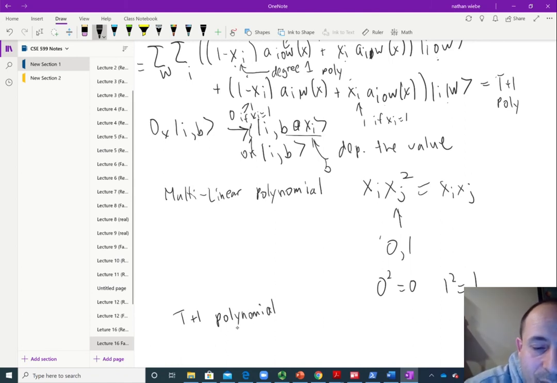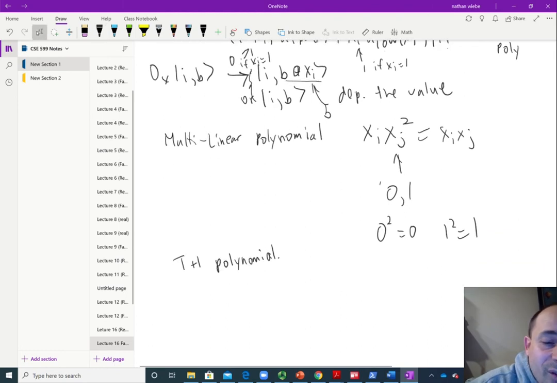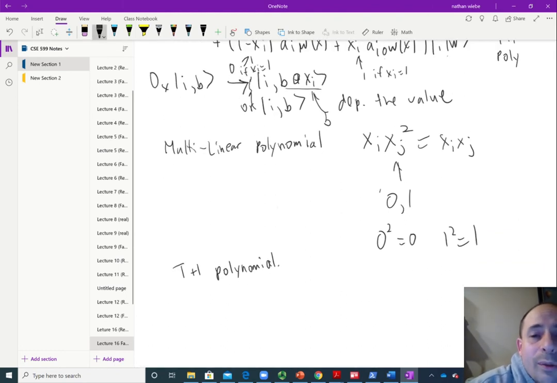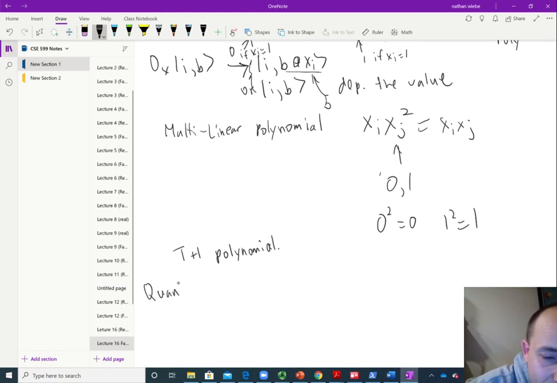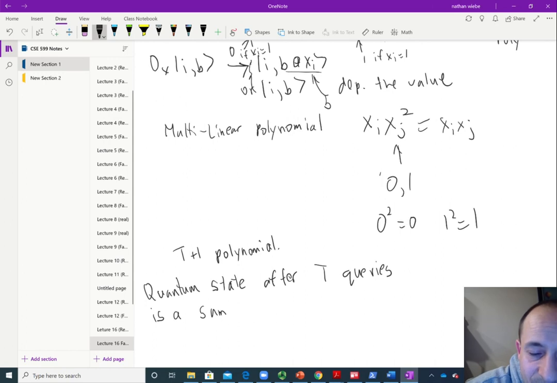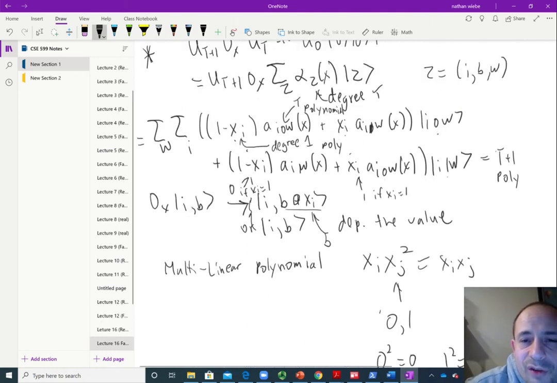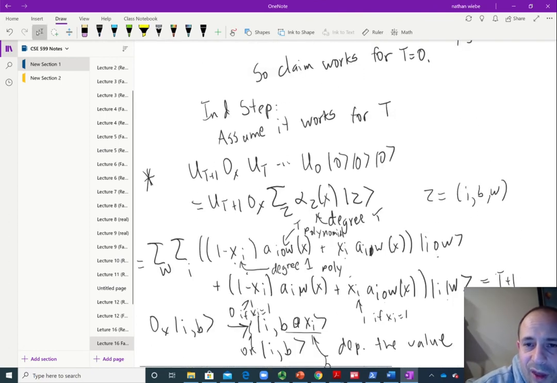Awesome. So this says that, in general, the quantum state after t queries is a sum over degree t polynomials in the amplitude, which is basically what this is saying over here.